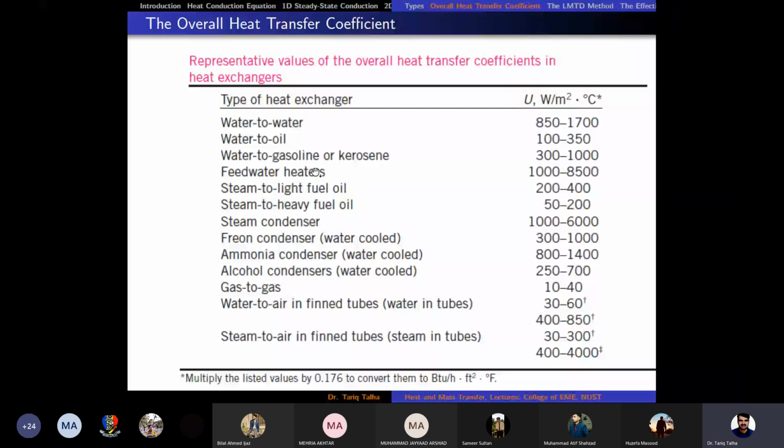In other cases, if a gas is involved, the U value would be accordingly lower. For water to oil the value is low. But for gases, because the h value is lower, the U value would be lower in that case. So that is the case we can see here.